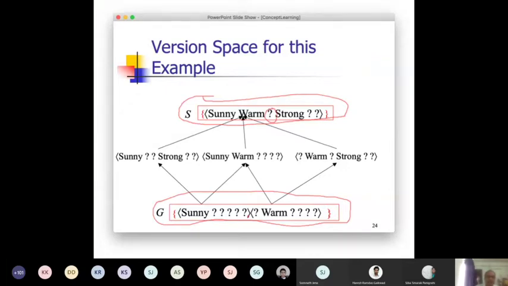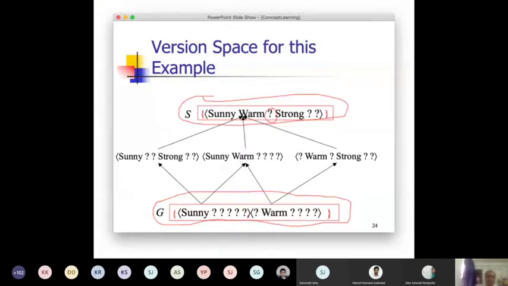Whereas if I consider the most general boundary, you can see that here you are covering not only positive examples. Actually, we are more concerned here about negative examples. So what I said is that in this case, this hypothesis should be consistent.